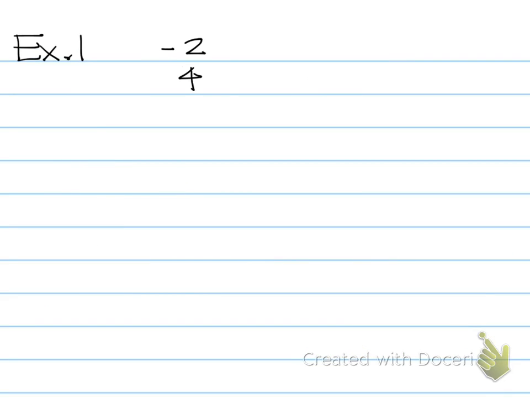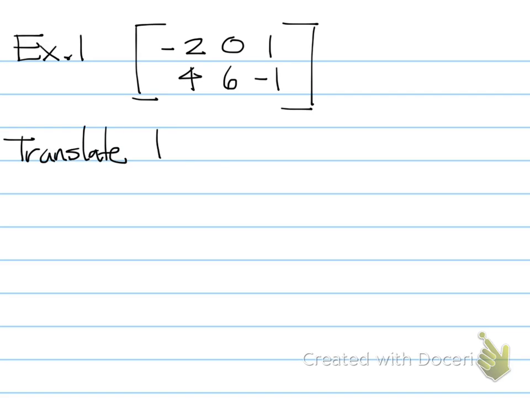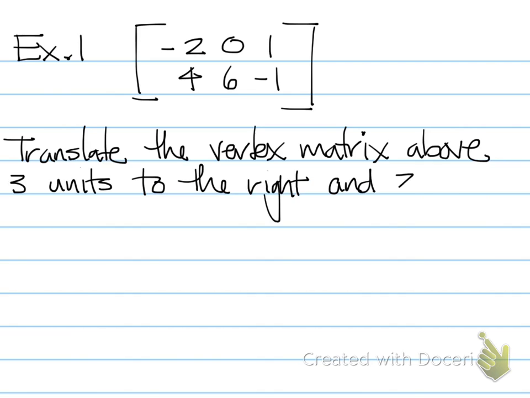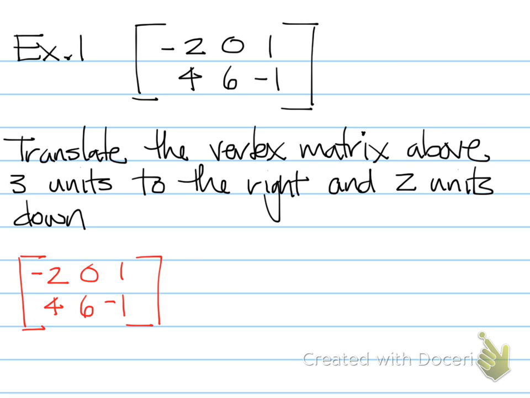So in our first example, we've got the following matrix, and we want to translate that vertex matrix, which corresponds to the coordinates -2, 4, 0, 6, and 1, -1. We want to translate this pre-image 3 units to the right and 2 units down.